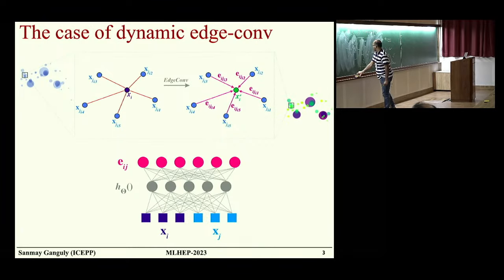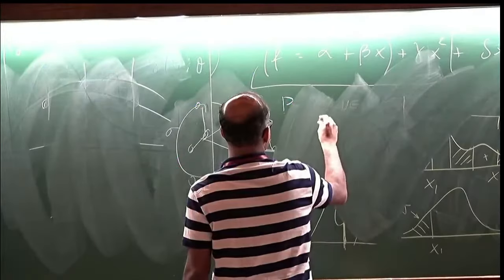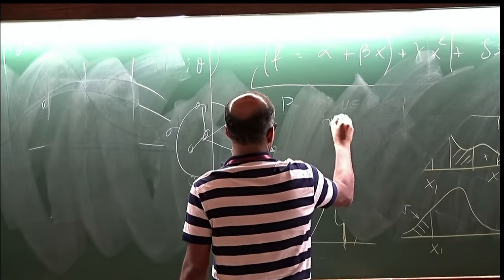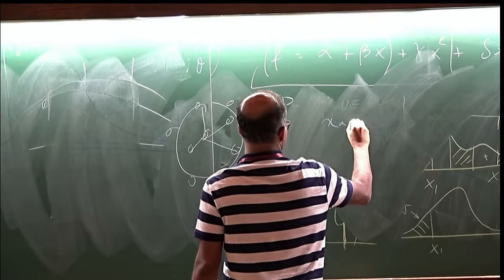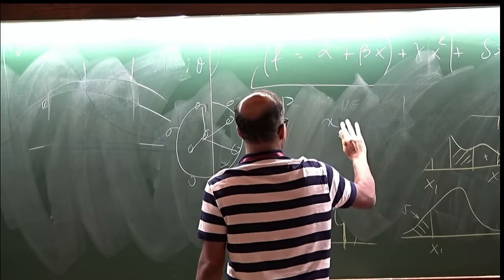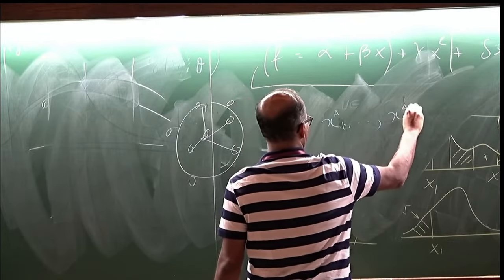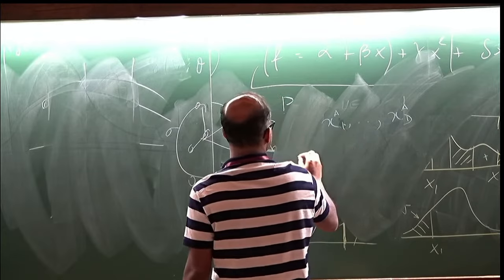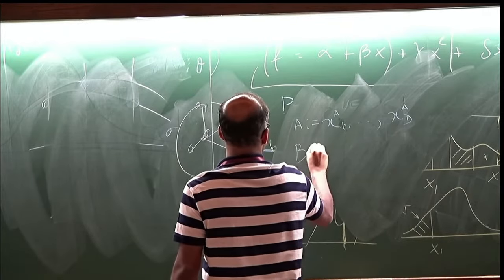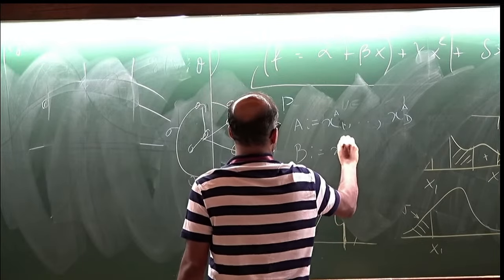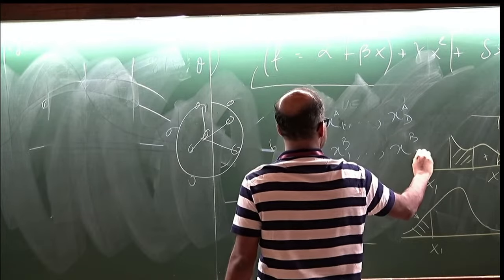Point A in D dimensions has numbers like X_A, and this is for point A. For point B, also D dimensions.